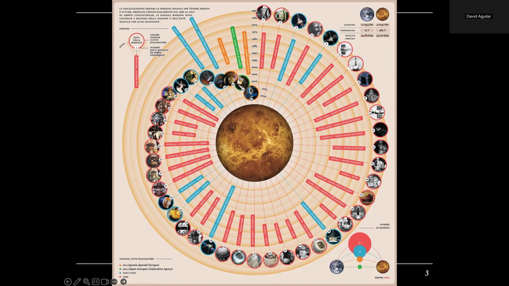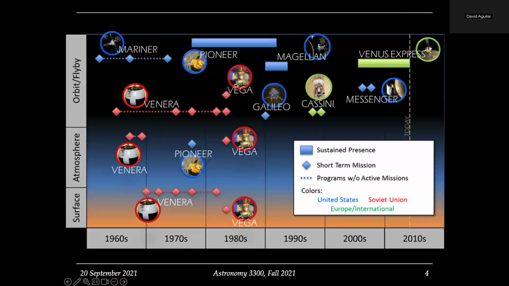The United States sent 10, and Europeans sent 2, I believe. And the Japanese sent Akatsuki, which is just the 1. But if you combine this information with one of these, you can kind of see how frequently we visited. And thankfully, the colors here are pretty similar. So very successful. Thank you, whoever created this one.